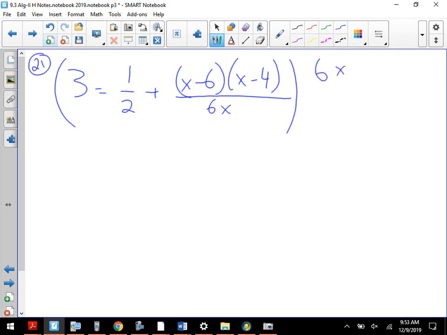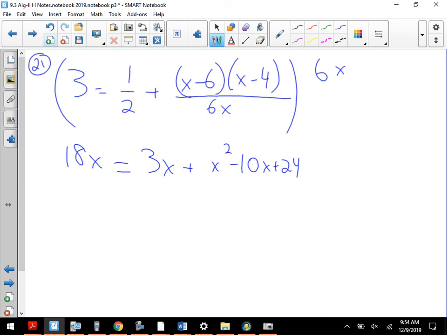If I do that, I'm going to get 18x is 3x plus, what was it, x squared minus 10x plus 24. Okay. Because what's 2 times 2 times 3? That's why I had the x there.